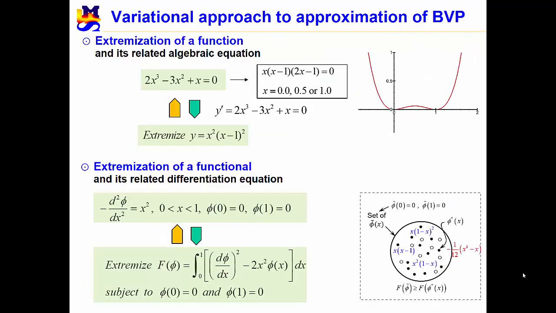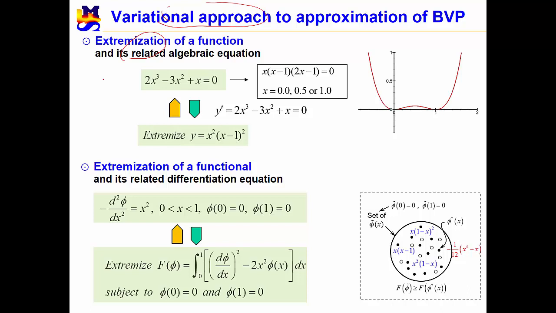Now let's tackle the core of this method based on our common understanding about the extremization of a function. When a function to be extremized is given, we are used to applying the necessary condition first to solve the extremum or inflection points.